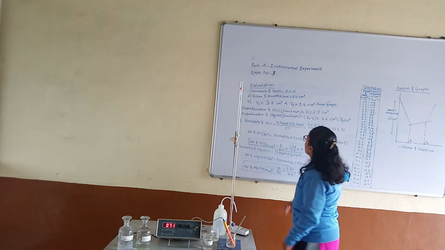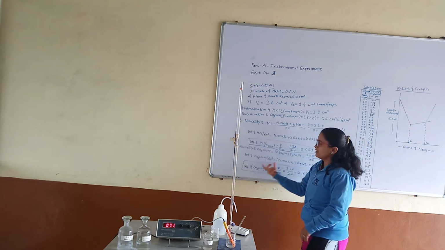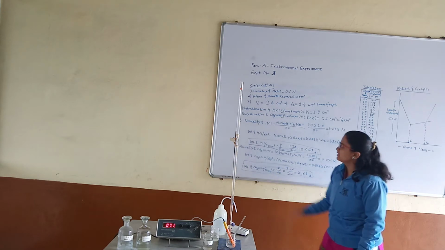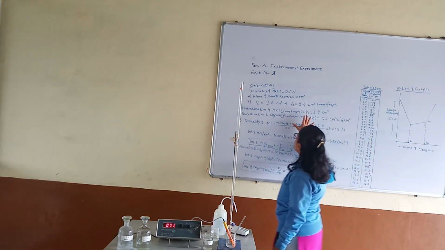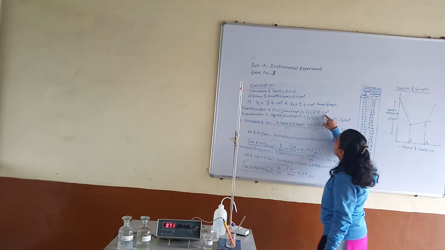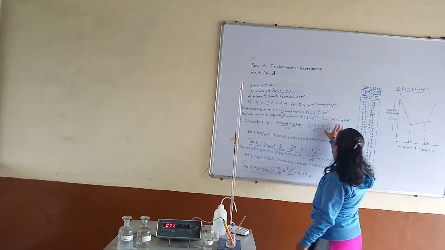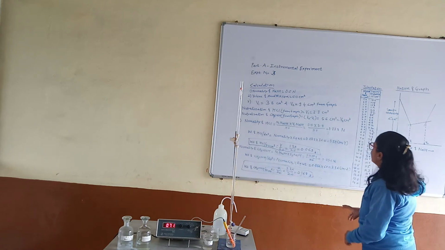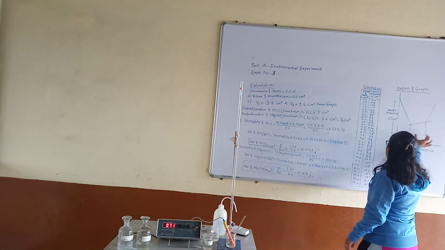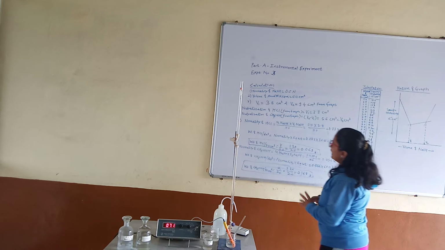So you have to calculate the normality of HCl and normality of acetic acid. Neutralization of HCl from the graph is V1, 3.8, and neutralization of acetic acid from the graph is 5.6. That is the equivalence point of HCl and the equivalence point of acetic acid.